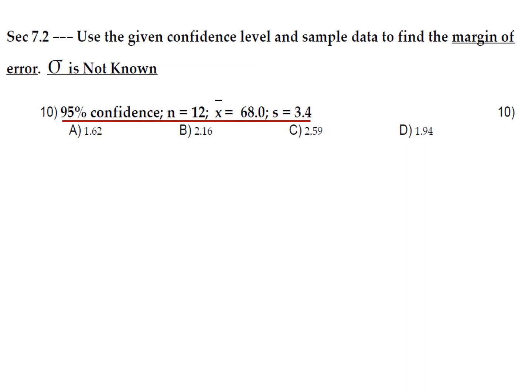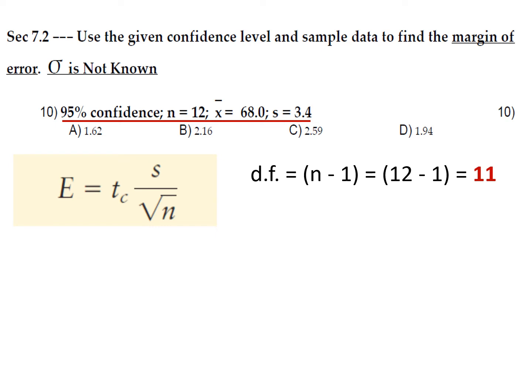All right, now we're into section 7.2, number 10. Find a margin of error. Sigma is not known, so we're looking at t distributions, t-scores. My t chart requires the degrees of freedom. If n is 12, degrees of freedom are 11.